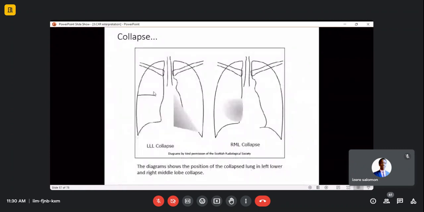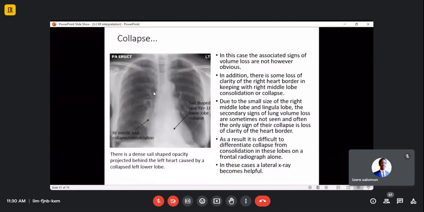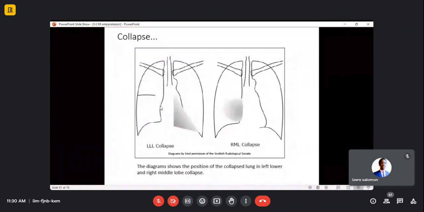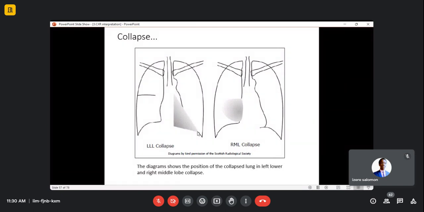So these are the diagrams of the same images. We are going to draw this so that you understand what happened. Look, the left lower lobe collapse does this. It is always a triangular shape superimposed on the left part of the heart. It is always like this.